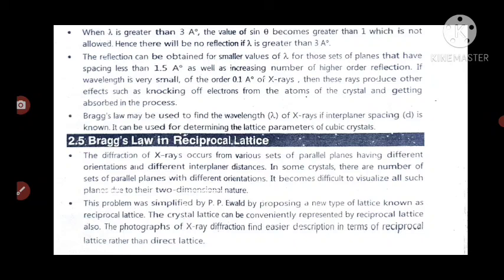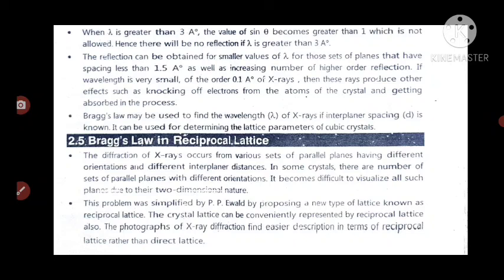This problem was simplified by proposing a new type of lattice known as the reciprocal lattice. In the last chapter we have already seen what is meant by the reciprocal lattice, and the crystal lattice can be conveniently represented by it.